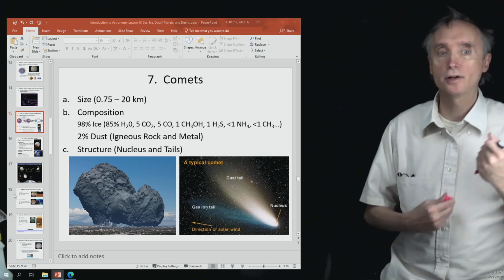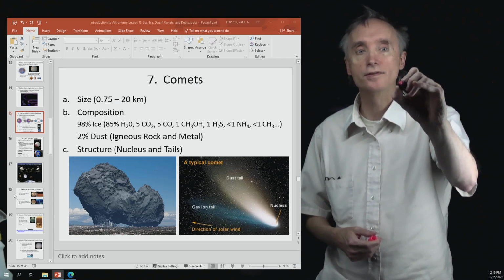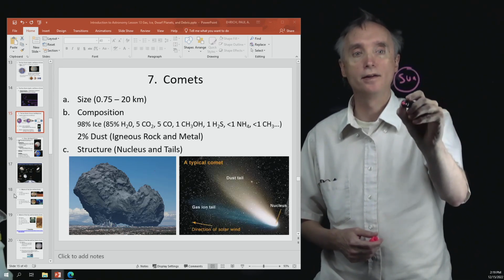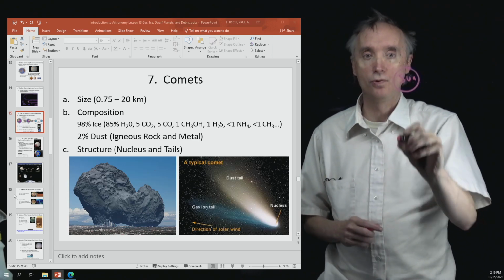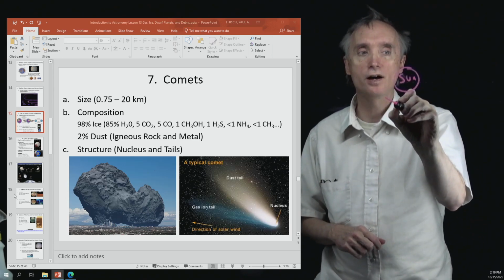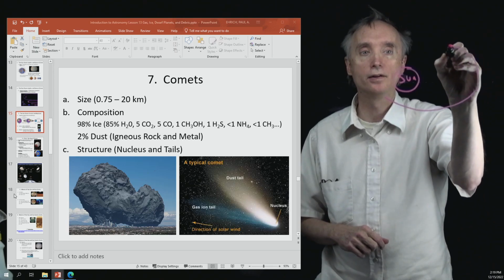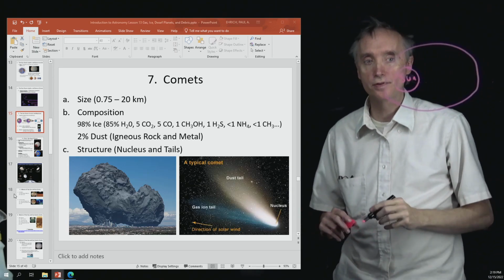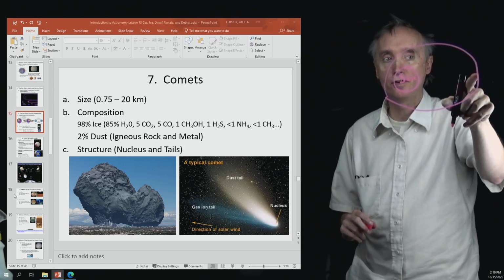So if we were to draw a picture of, let's say that the sun is over here, and then let's draw an elliptical orbit. Most comets have an elliptical orbit, which means sometimes they get very close to the sun, and then sometimes they're very far away.